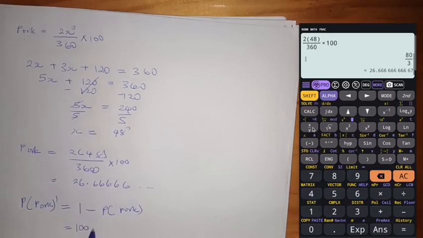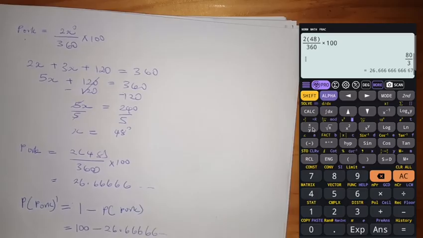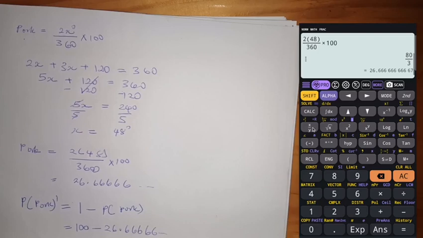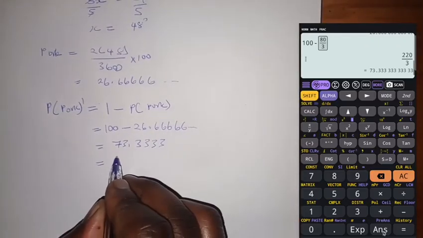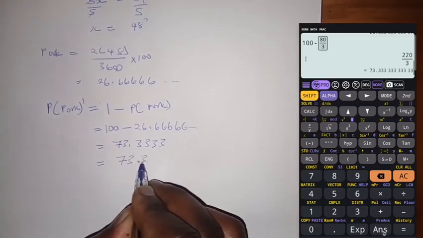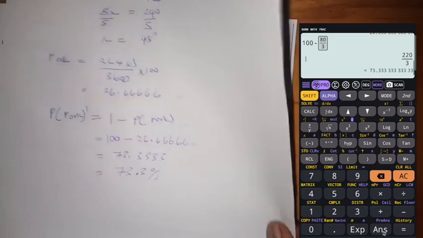So this is 100 minus 26.666 recurring, and this gives me 73.3 recurring. Now correct to 3 significant figures, the answer is going to be 73.3%.